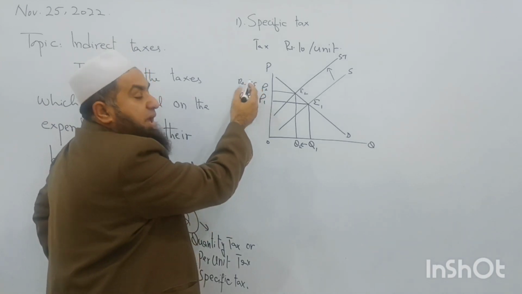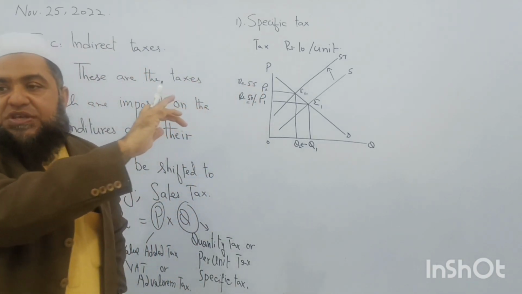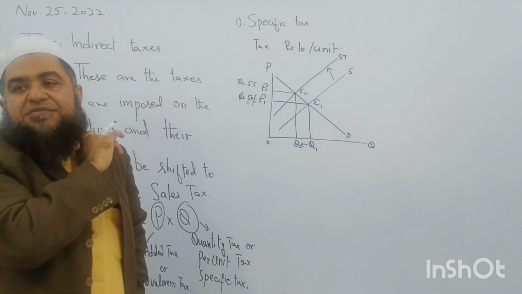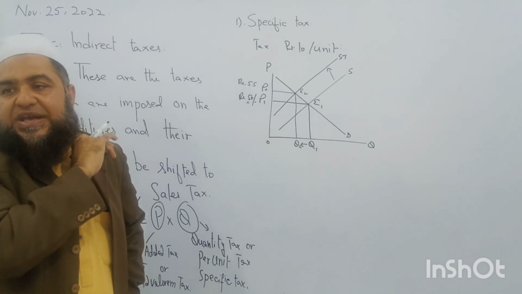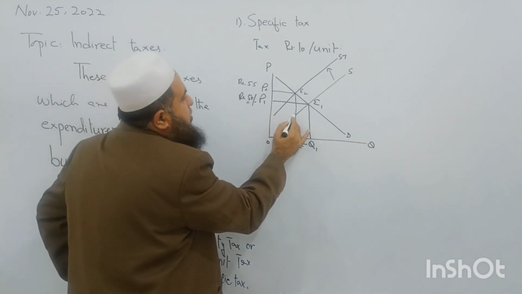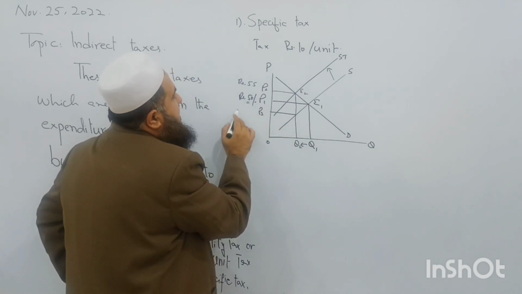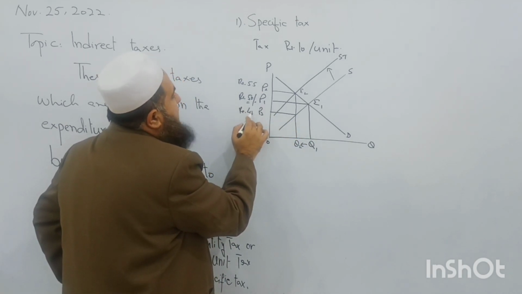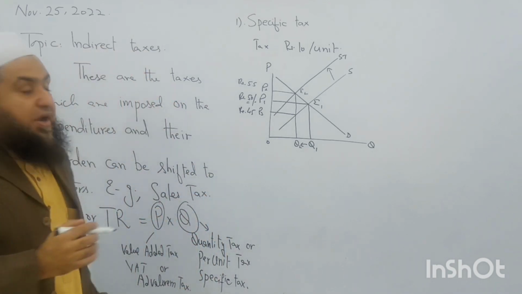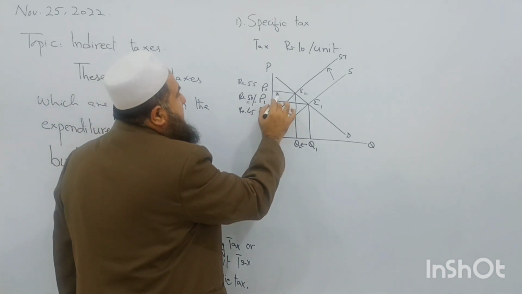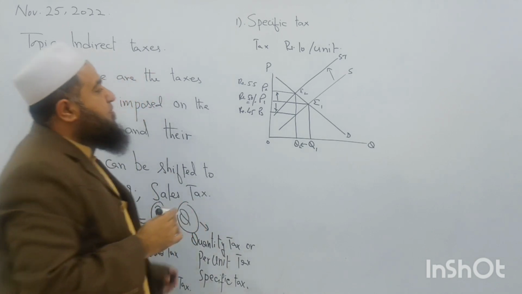Now after paying 10 rupees out of these 55, what is the leftover amount with the seller after the tax? That is this point. You can see this is the P3 price. This is 45 rupees. Now, as we see, tax is imposed.